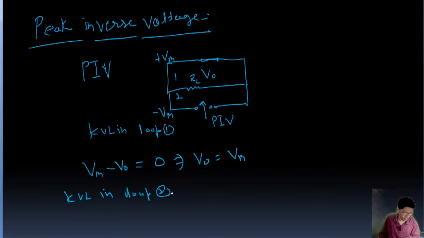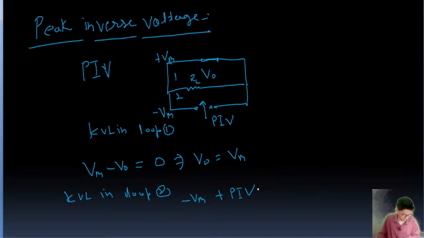KVL in loop 2, you can see minus Vm plus PIV, where PIV is V naught, right?